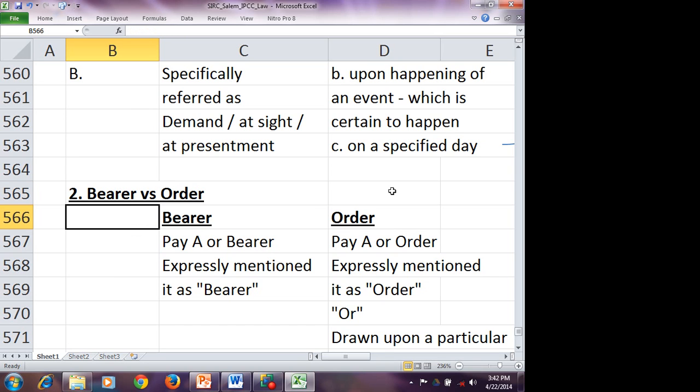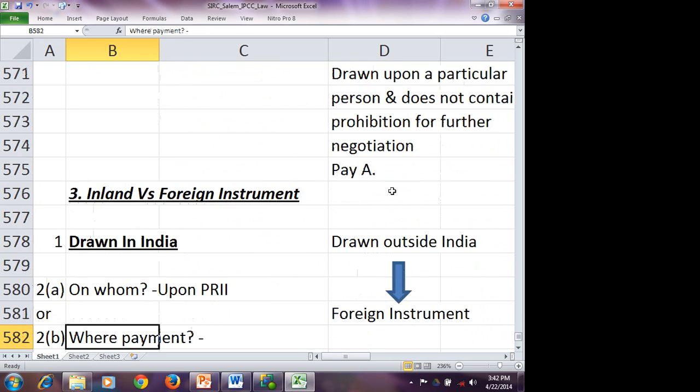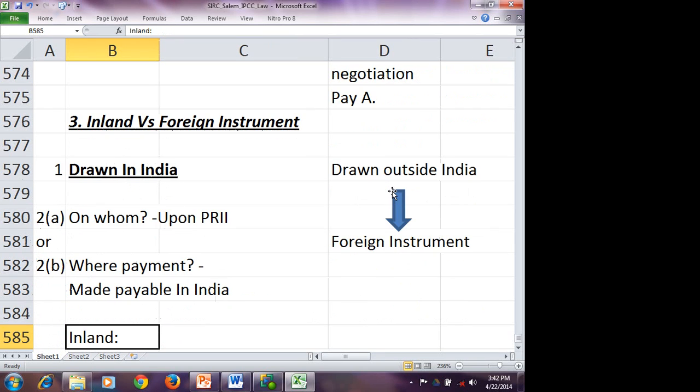Section 31 of the RBI Act prohibits drawing of these notes which are bearer. You can draw only order. And any of these instruments could be an inland versus foreign instrument, technically. This is the next understanding of the entire situation.